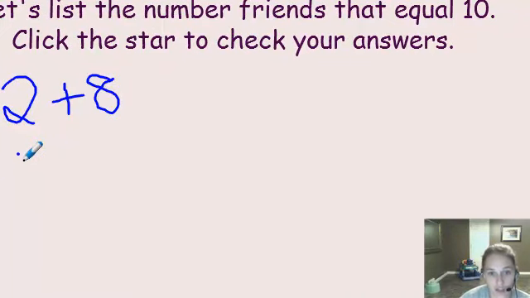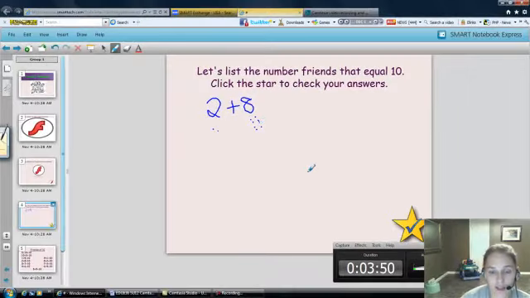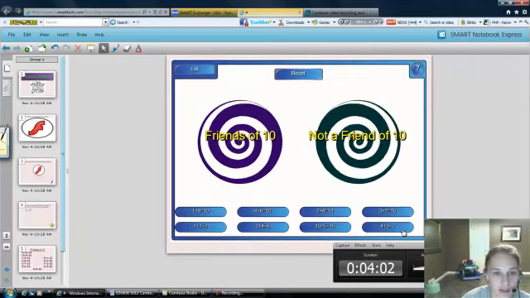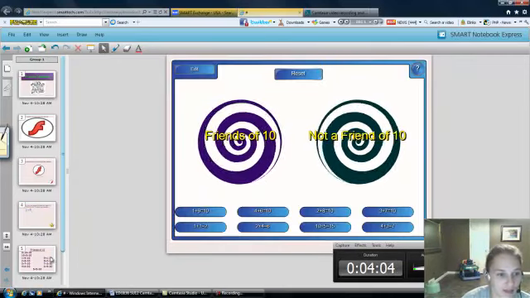They could even draw pictures of 2 plus 8 equals 10, and we could do that in different ways. Then down here we can go back and check our work, and it will list different lists of making 10.